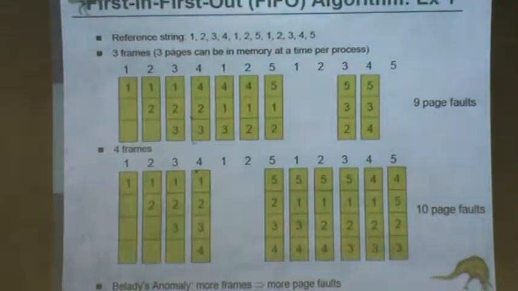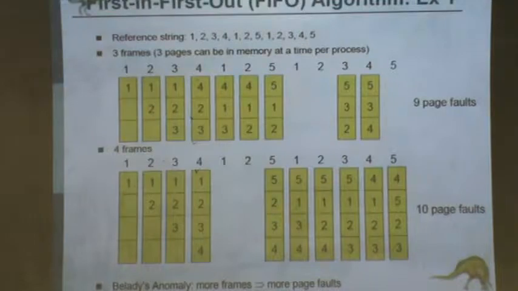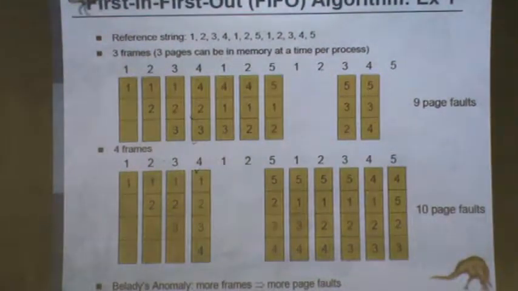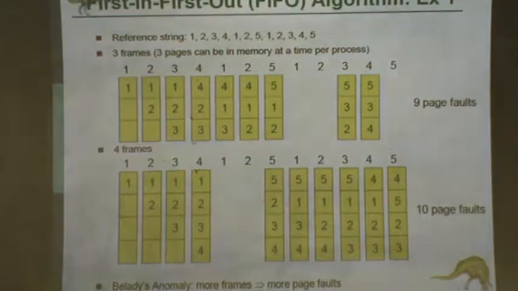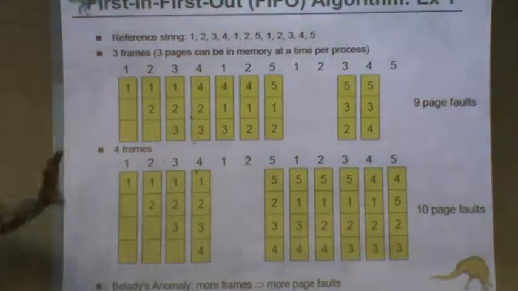In this case, how many physical memory page frames do we have? Three. We have only three page frames available in physical memory, so no more than three pages can be loaded into the memory.